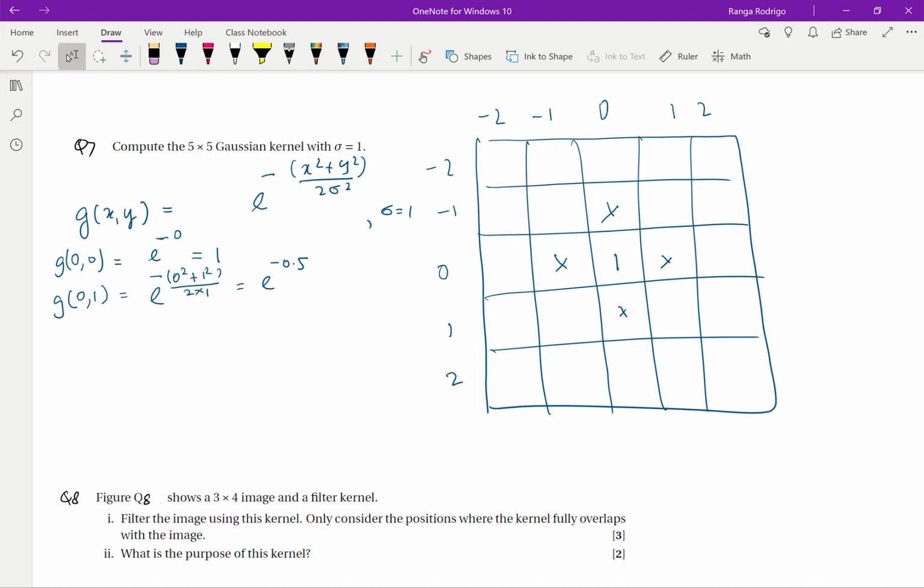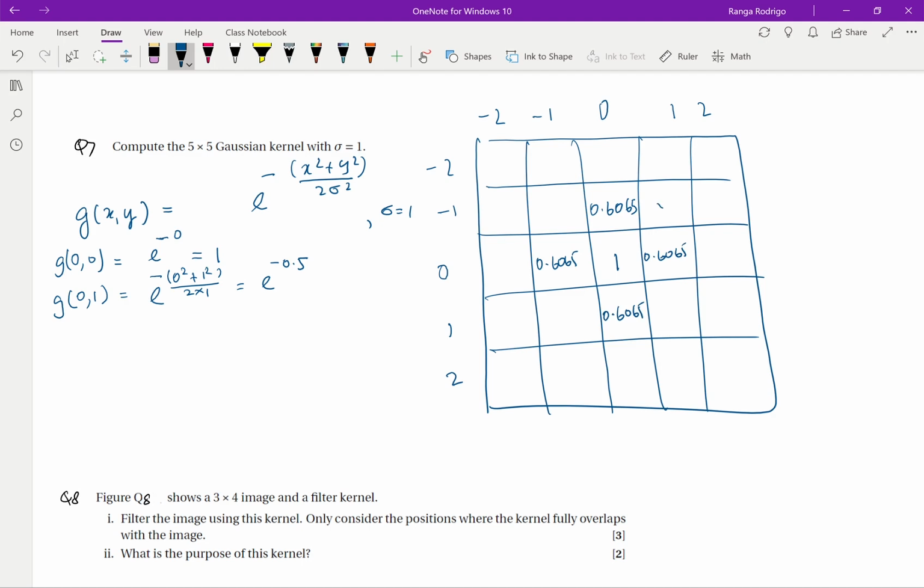Let me do this computation. e to the power of minus 0.5, that's 0.606. I hope you see why all these four numbers get the same thing.